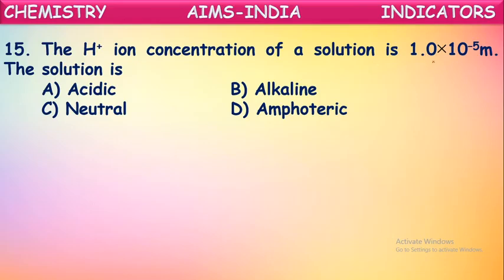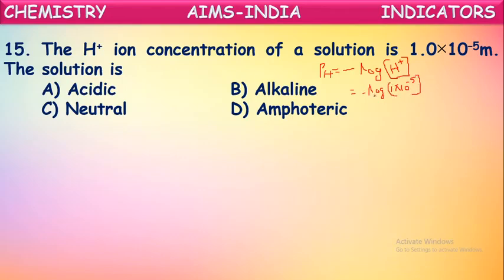See, the H plus ion concentration is given as 1 into 10 to the power of minus 5 molar. So we can find the pH value using the formula pH is equal to minus log of H plus ion concentration. So if you substitute the H plus ion concentration value in this, it becomes minus log of 1 into 10 to the power of minus 5.